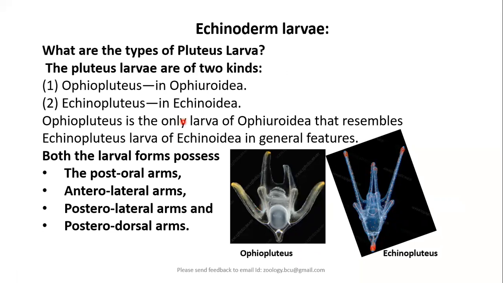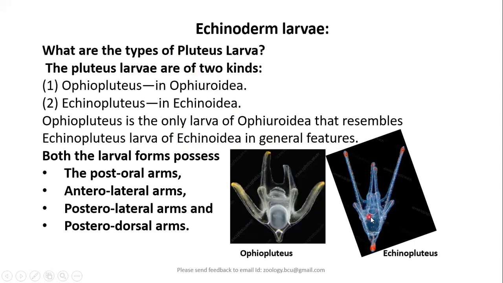Then coming to the types of Pluteus larva. We have 2 types of Pluteus larvae. Under class Ophiuroidea, we have Ophiopluteus larva, and in class Echinoidea, we have Echinopluteus larva. Ophiopluteus larva is the only larva of Ophiuroidea that resembles Echinopluteus larva of Echinoidea in its general features. Thereby, both of them are considered Pluteus larvae.